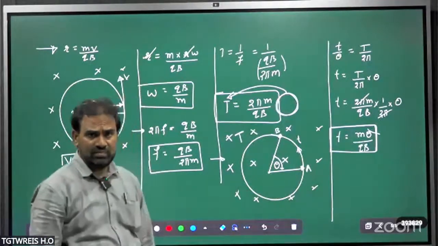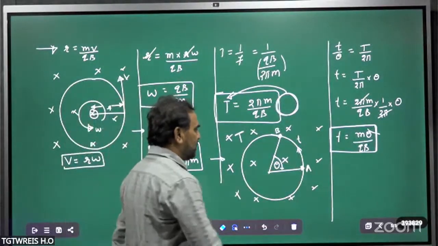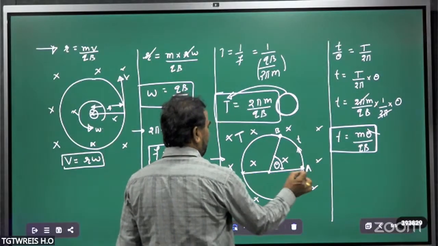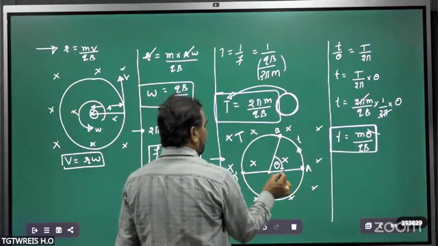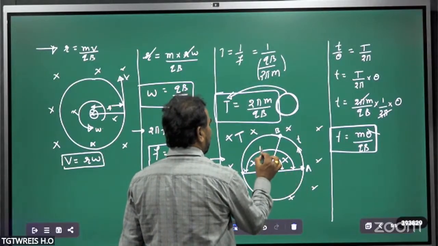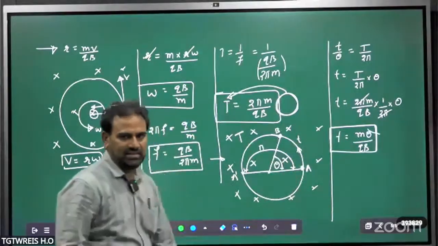Suppose the particle completes the path from point A to point B, like this, where A to A dash is reached. What is theta equal to? Theta is equal to pi. How much time will it take?